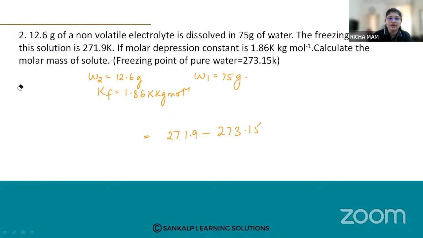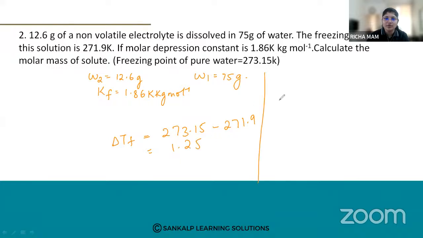So the delta Tf can be calculated as 273.15 minus 271.9. So this comes to 1.25.